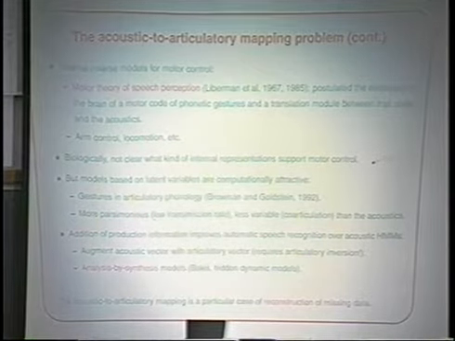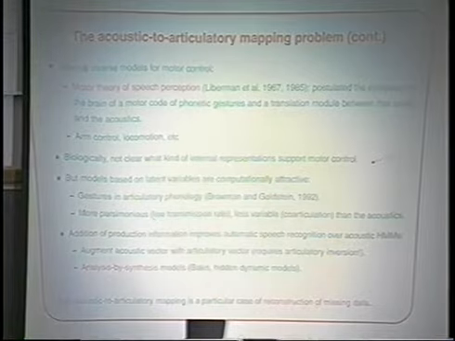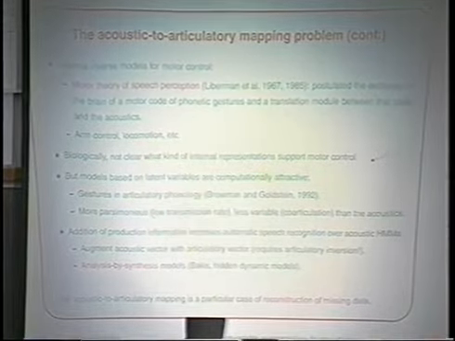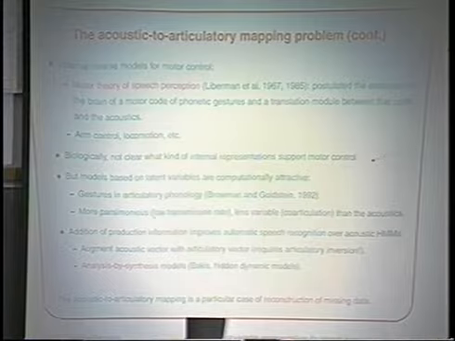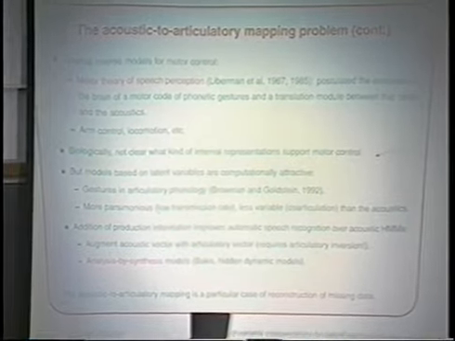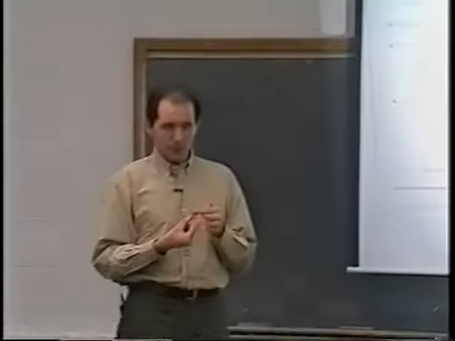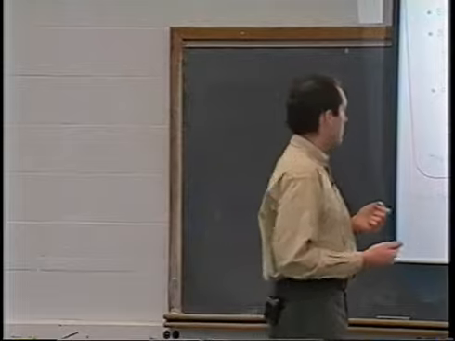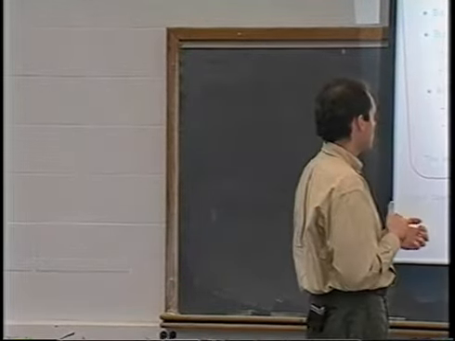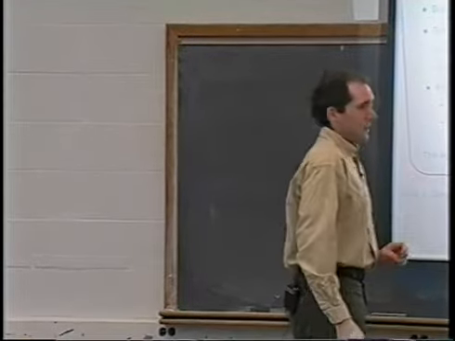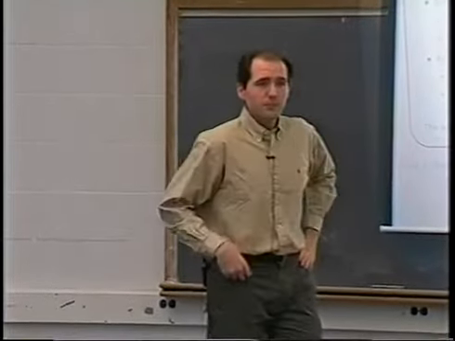One, a motor code, a set of primitive articulatory gestures that get translated into the acoustics, and then a translation module, also in the brain, in a neural substrate, that accounted for that translation. So from articulatory parameters to acoustics, and vice versa, both mappings. That hasn't been demonstrated so far, but computationally it's very attractive, and there have been many models based on that. And the same can be applied to other types of control.